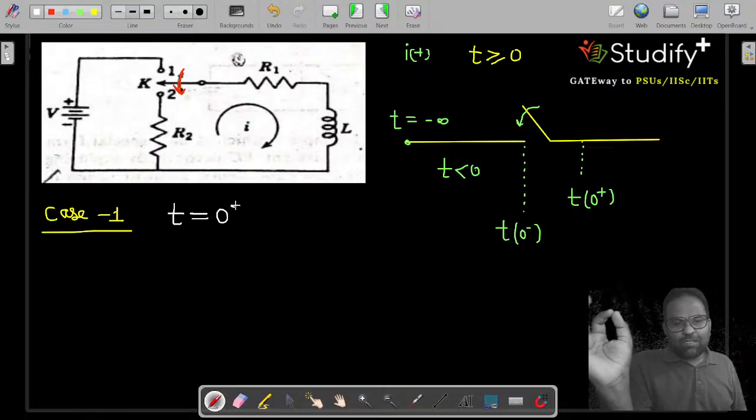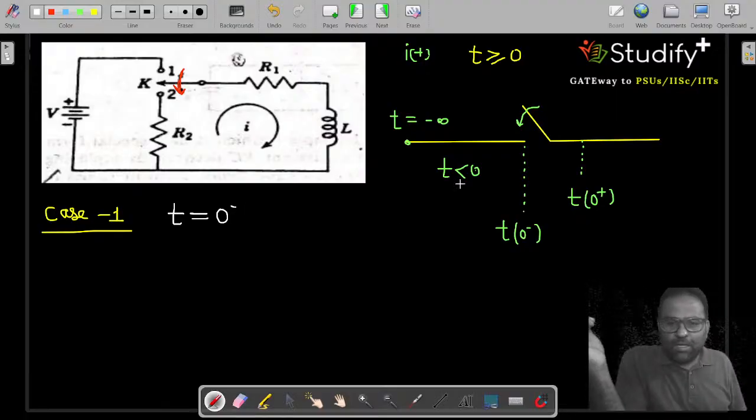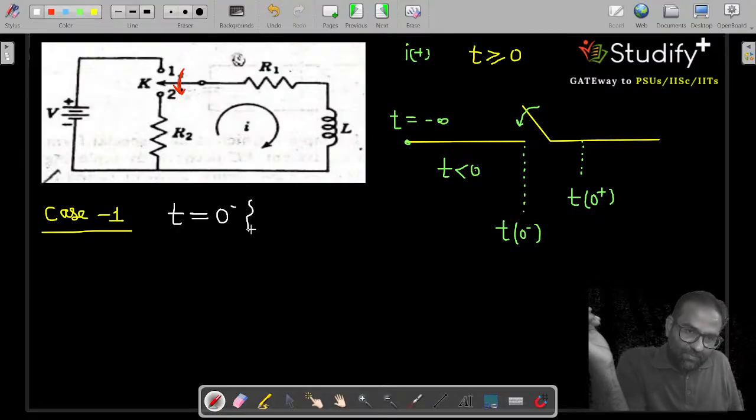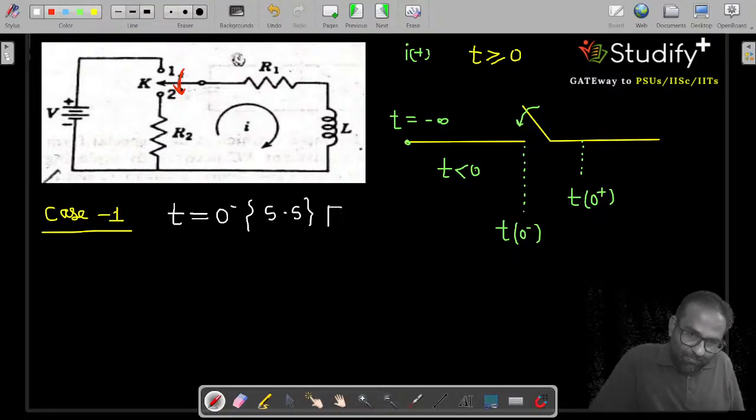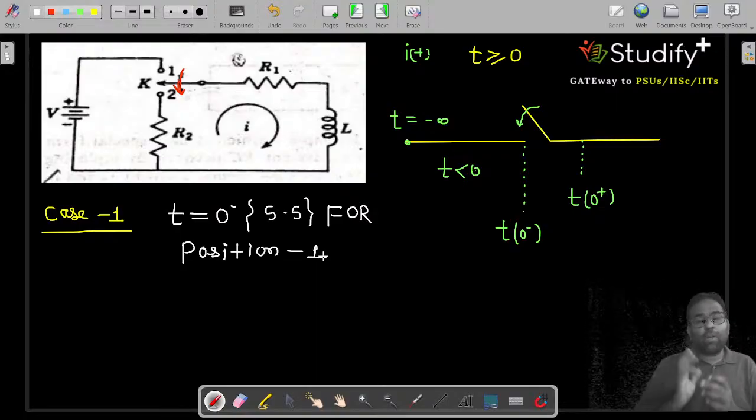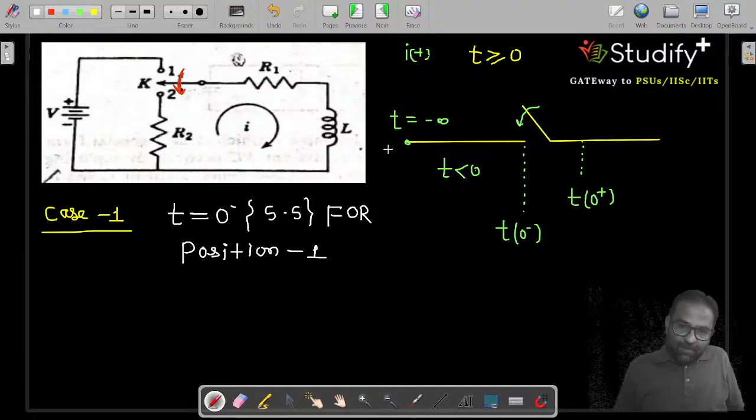Do you know that t equal to 0 minus is the point where the switch position has achieved steady state? Steady state is achieved for position number 1, because this is the starting point and this is the end point of position number 1.